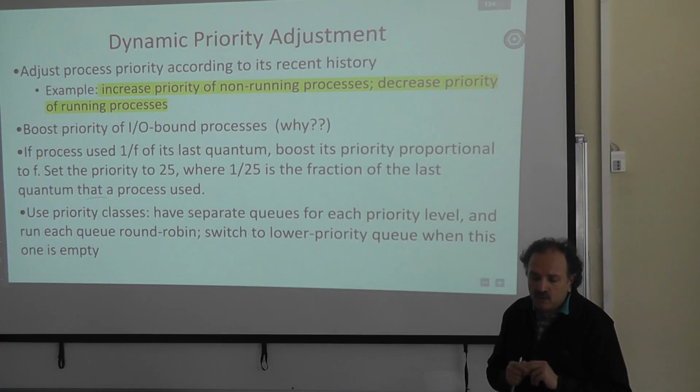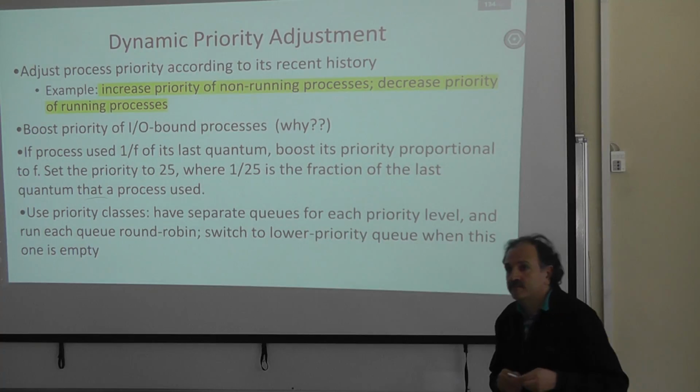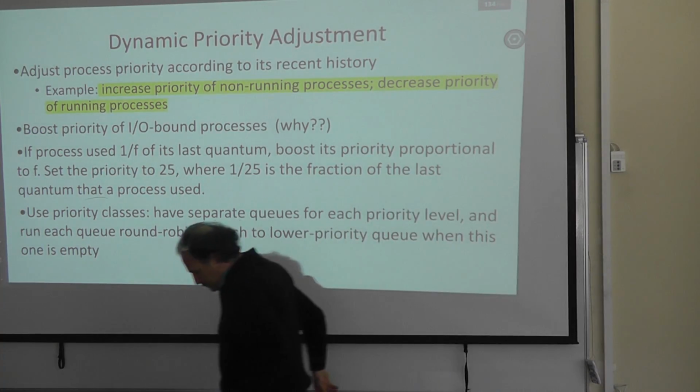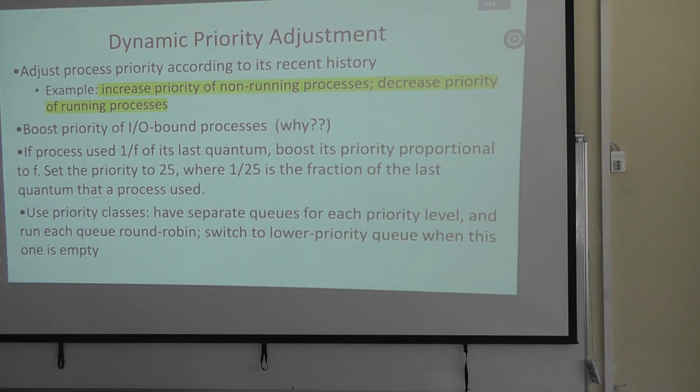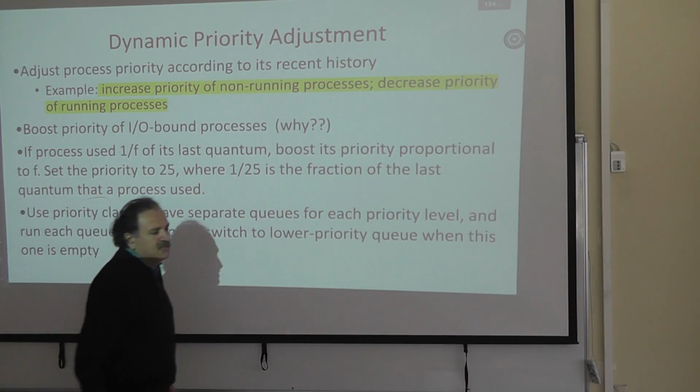If I use the whole quantum, what would be my priority? It should be 1, right? Because I am using 1/1, the whole quantum. I use too much CPU, so my priority will be 1, and that means that my priority is low compared to this one.